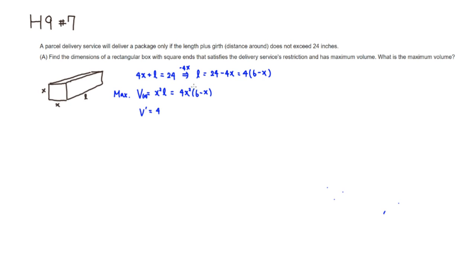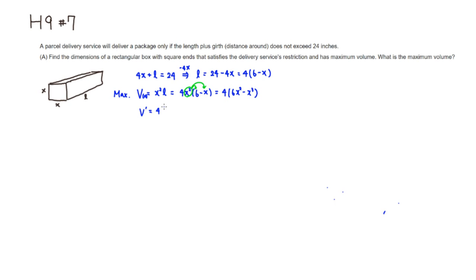Actually, I'm going to just go ahead and multiply out. I'm going to leave 4 alone, but distribute x squared to the 6 and the negative x, so that it's just 6x squared minus x cubed.